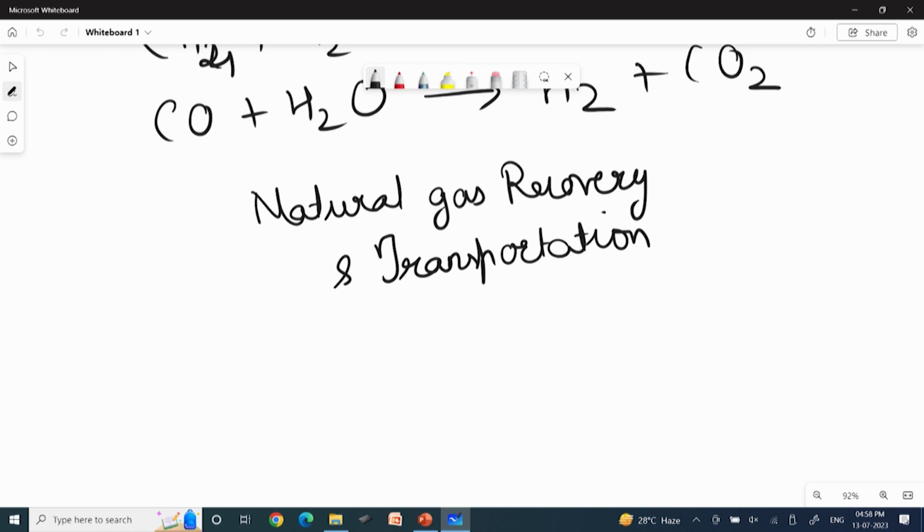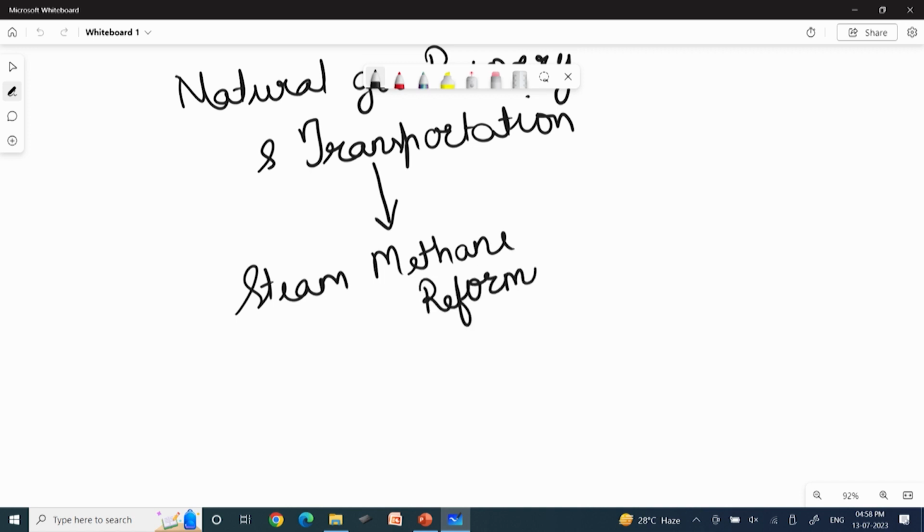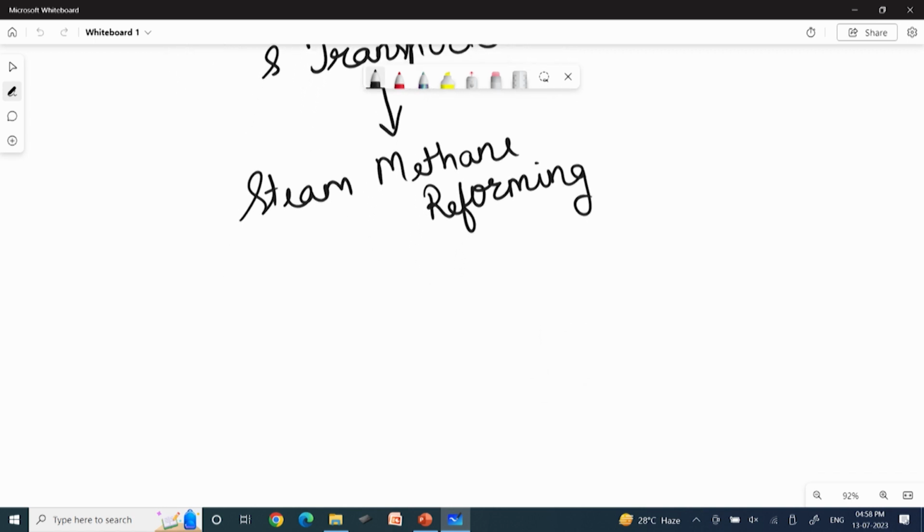And once natural gas is recovered, we would go with the steam methane reforming. Once we have this reforming being done, this gas would have a significant amount of CO2 in it, which means you would have to reduce the CO2 using some kind of capture.